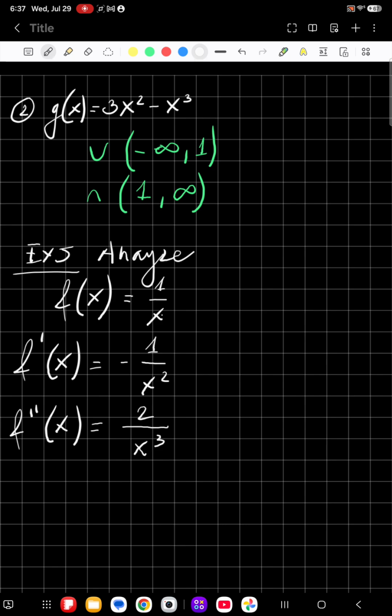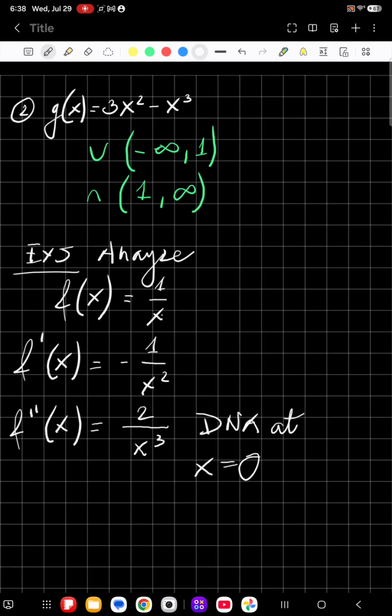Okay, so when you look at that second derivative, we have 2 over x cubed. So we could conclude that the second derivative does not exist at x equals 0.